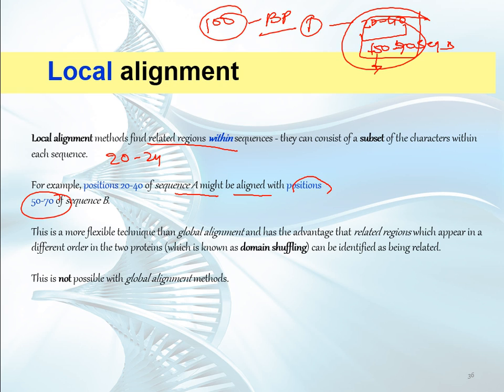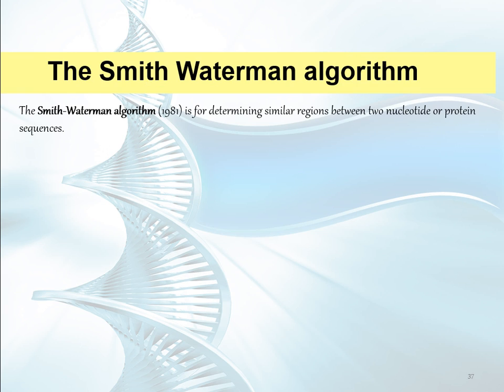So 20 to 40 and 50 to 70 are aligned locally. That's why this is known as local alignment, which is not possible through global alignment.